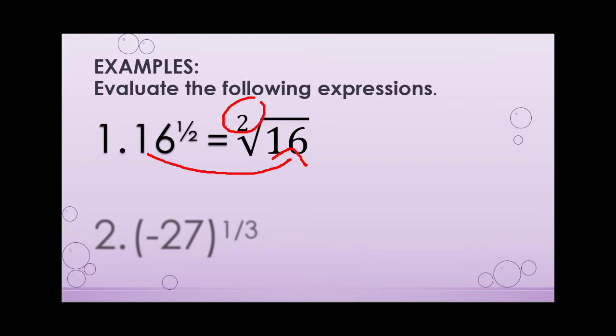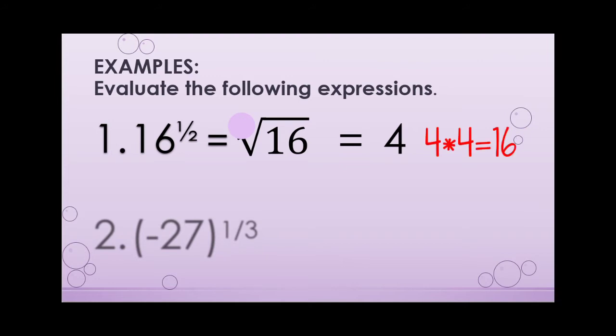So yung 2 pwede na nating hindi isulat yan. And yung numerator ng ating fractional exponent na 1, hindi na rin nakasulat. Okay, ngayon, this is equal to 4. Bakit 4? Kasi, if we are going to multiply 4 by 4, the answer is 16.